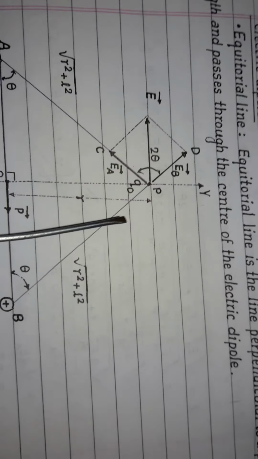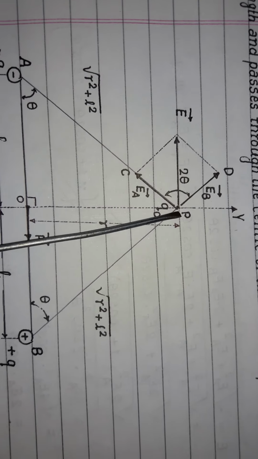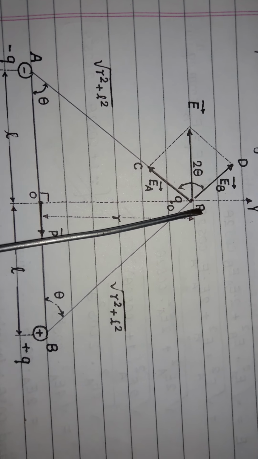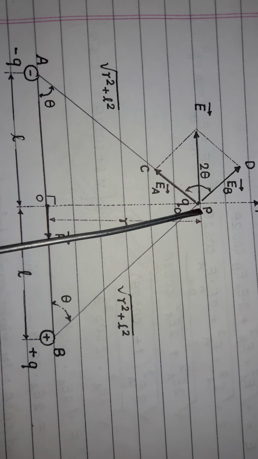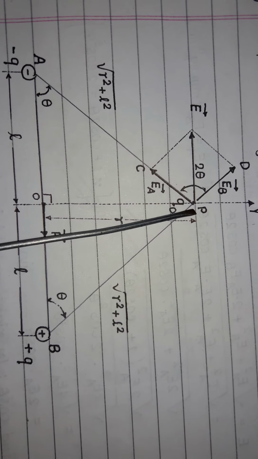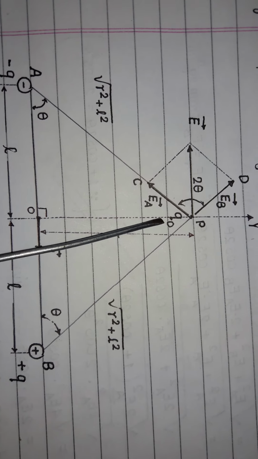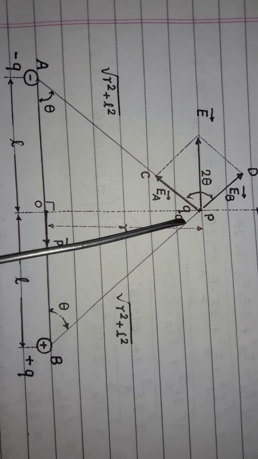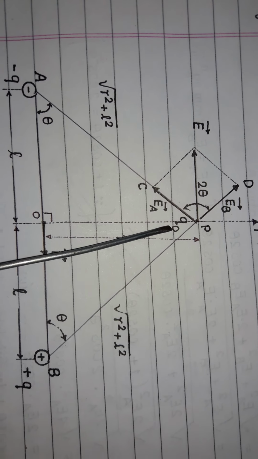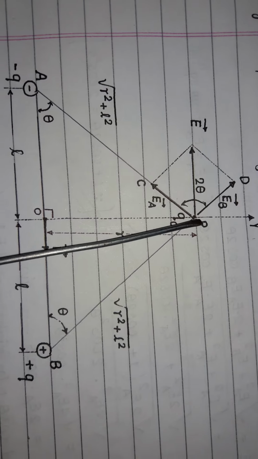Let us suppose P is the given point where we have to calculate the electric field intensity. Now, in order to calculate the electric field intensity at point P, we will place a small test charge Q0, a unit positive test charge, at point P.